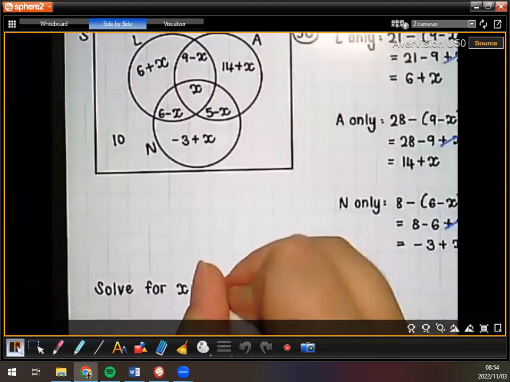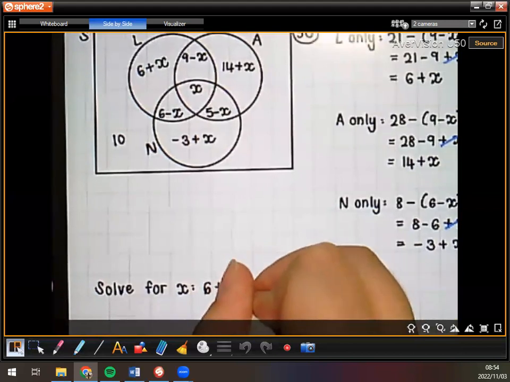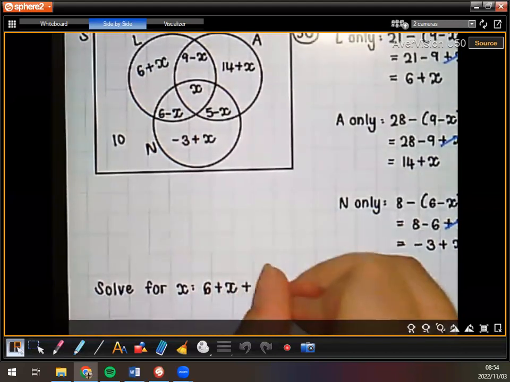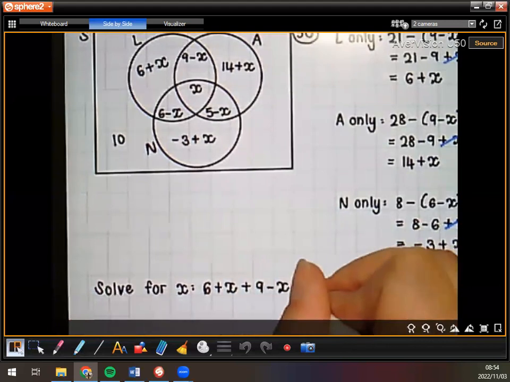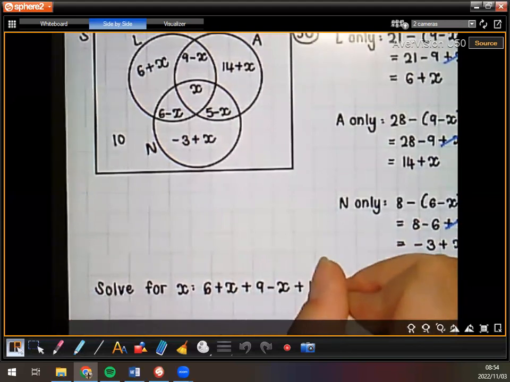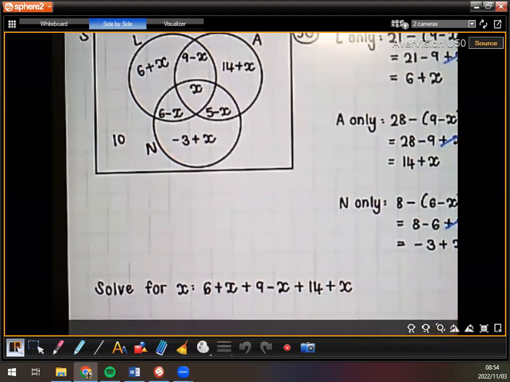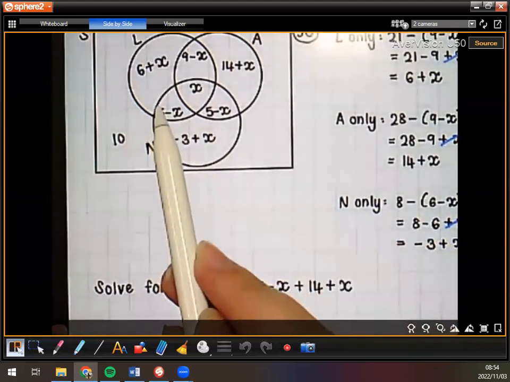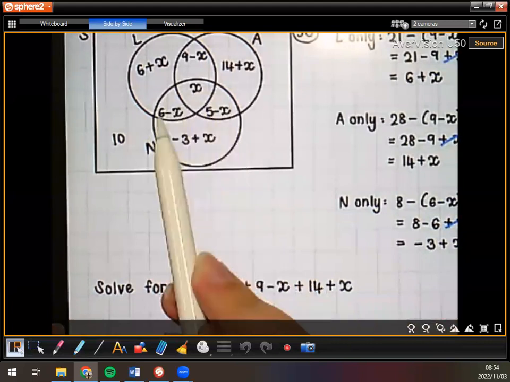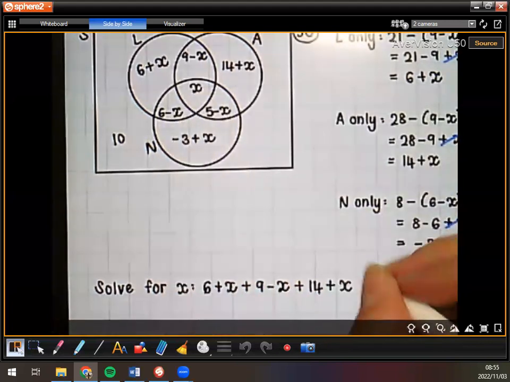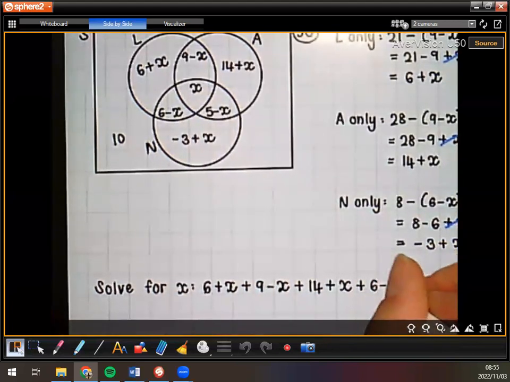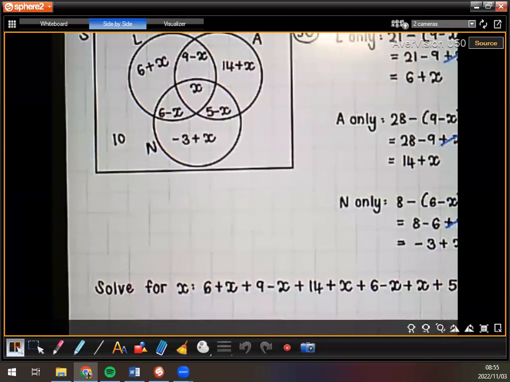Okay, so bring it here. So I can still see plus 9 minus x plus 14 plus x. Right, so we're going to put 3. Now I'm going to do the next 3. Right, so let's add those as well. 6 minus x plus x plus 5 minus x.